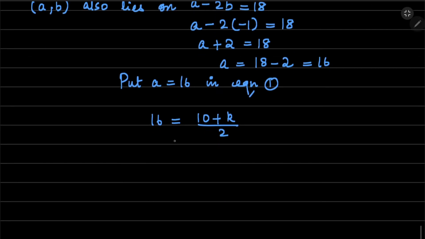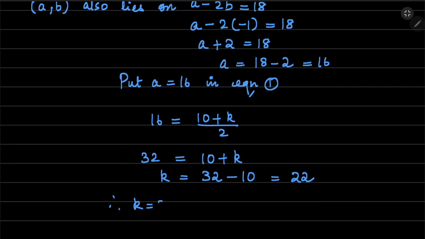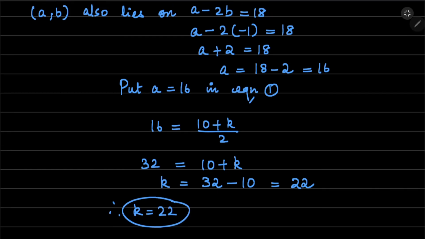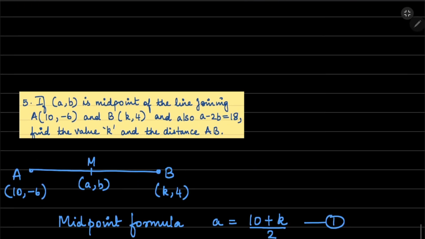So you have 16 into 2, 32 equal to 10 plus k, or k is equal to 32 minus 10, which is equal to 22. Therefore k is equal to 22. So first thing we have understood, we have found the value of k.